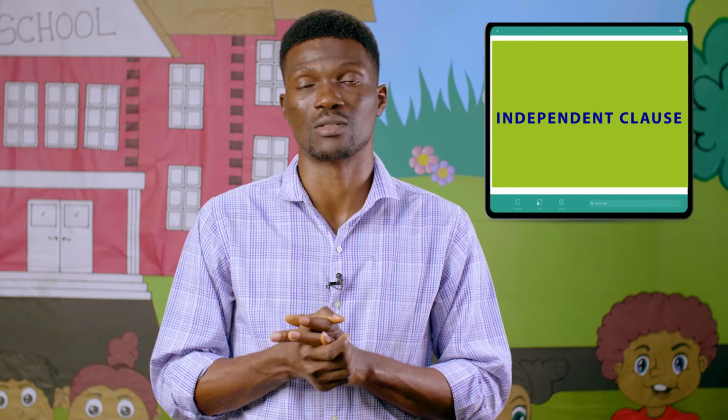So when a person writes a main clause, it is assumed that the person has made a point. And when you make a point, you should end that point with an end mark, which could be a full stop, a question mark, or an exclamation mark, depending on the kind of sentence.